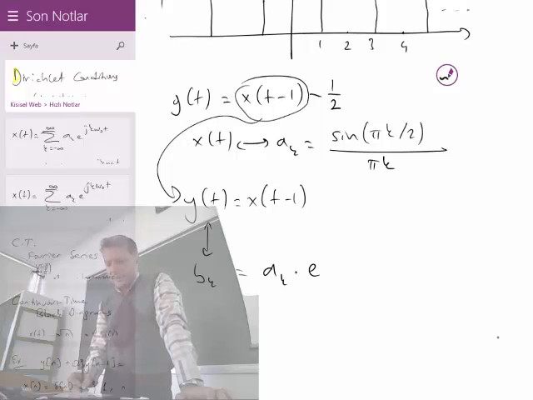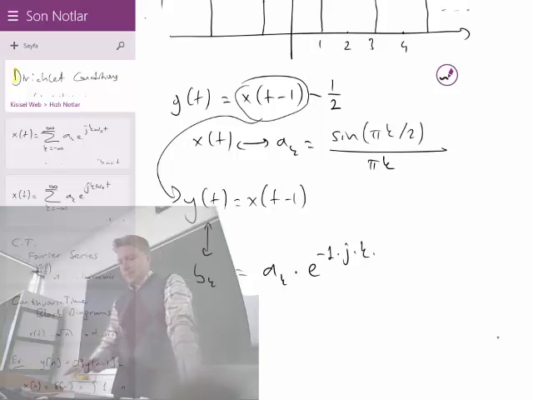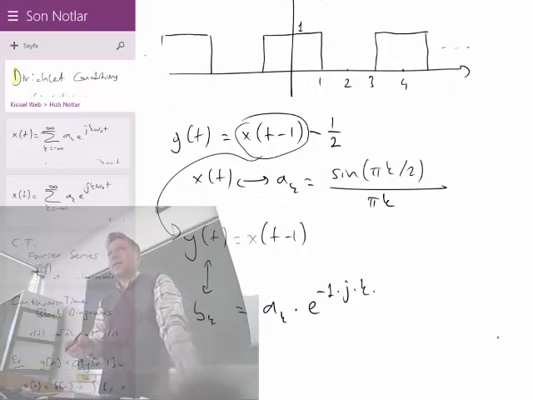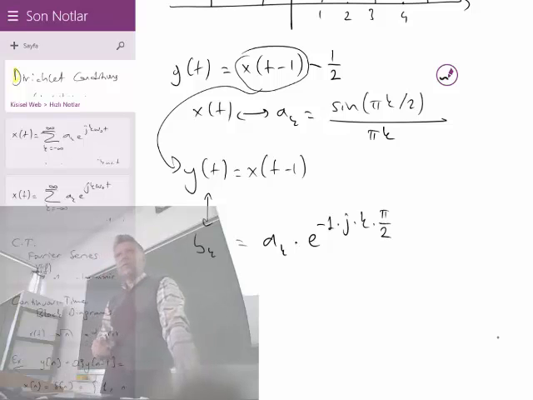E to the minus, because it's a minus 1, j times k times omega 0. What is omega 0? Omega 0 has a name. You just don't leave it as omega 0. The period is 4, so the fundamental frequency is 2 pi over 4. I'm writing 2 pi over 4 here.